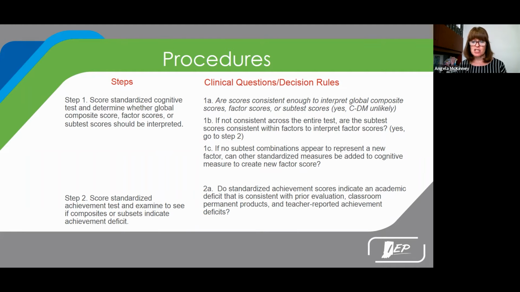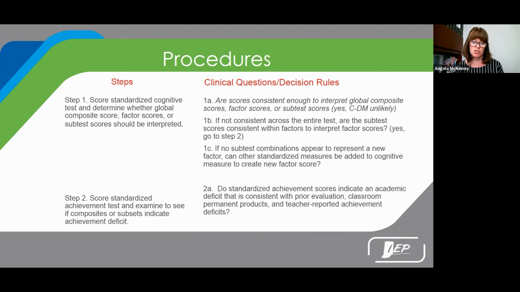So when you have achievement scores that show that you've got some sort of academic deficit, we're looking at, is that good, consistent information based on what's being shared from the classroom teacher, and what other assessments are showing you, right? Because sometimes we hear, oh my gosh, reading is terrible.